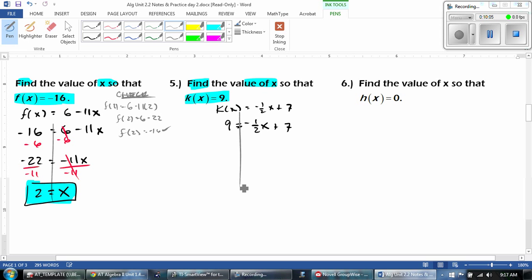Okay, so we have to solve. Solving, we're going to subtract 7 from both sides. 9 minus 7 is 2. And then how do we get the x by itself? Well, I have to multiply by the reciprocal. And then negative 2 over 1 times 2 is negative 4.